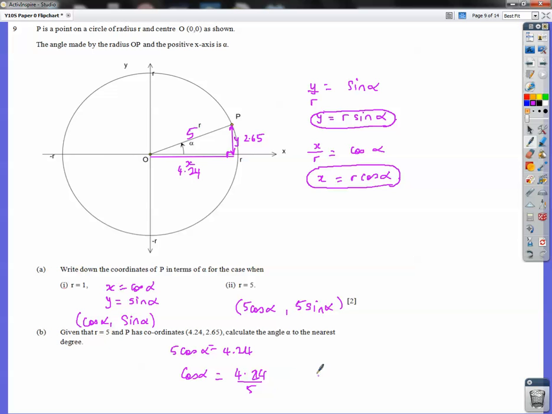So if I use inverse cos, cos minus 1 of 4.24 over 5, comes to 32 degrees. So that's the size of angle alpha.